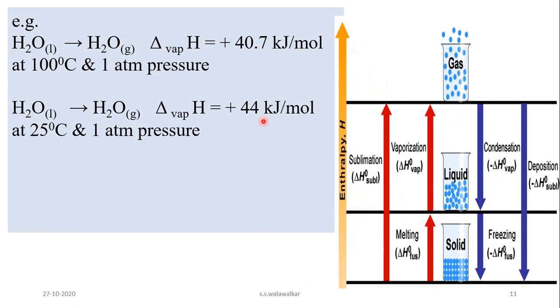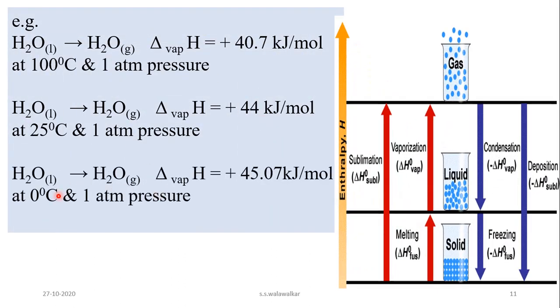And if this change is carried out at 0 degrees Celsius, then how much is the enthalpy of vaporization? Plus 45.07 kilojoules per mole. So see here, if you decrease the temperature from 100 to 0 degrees Celsius, then the enthalpy of vaporization increases. As temperature is decreased, more heat is required to convert liquid water into gaseous water.